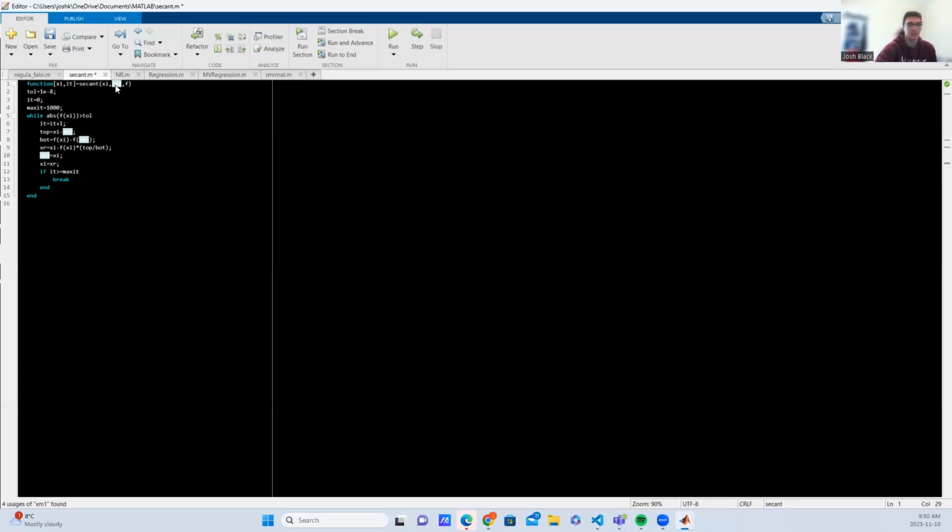And then obviously f, just remembering when we call f, it has to be the at symbol. Same tolerance as before. You'll see this pretty much standard as all tolerances. Iteration starts at 0, maximum amount of iterations at 1,000, while the absolute value of f of xi, that is our root value, is greater than or equal to our tolerance. We step into the loop.